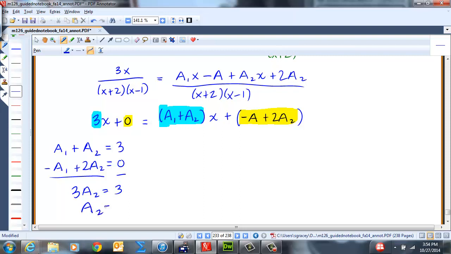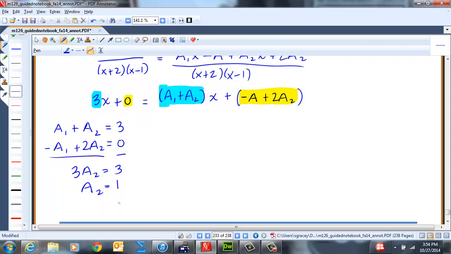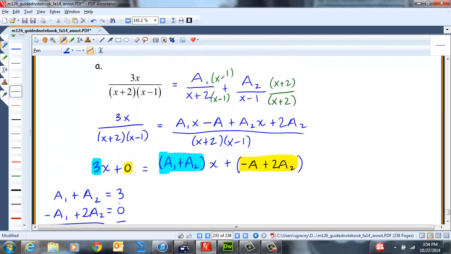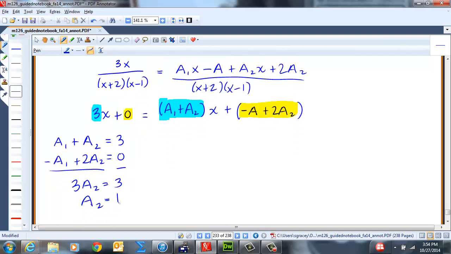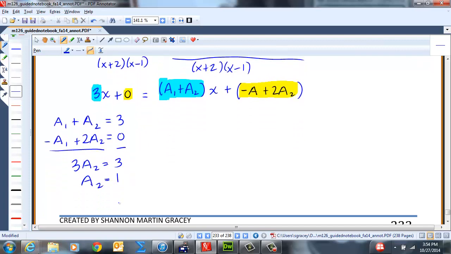So a2 is equal to 1. Okay, so a2 will be equal to 1.